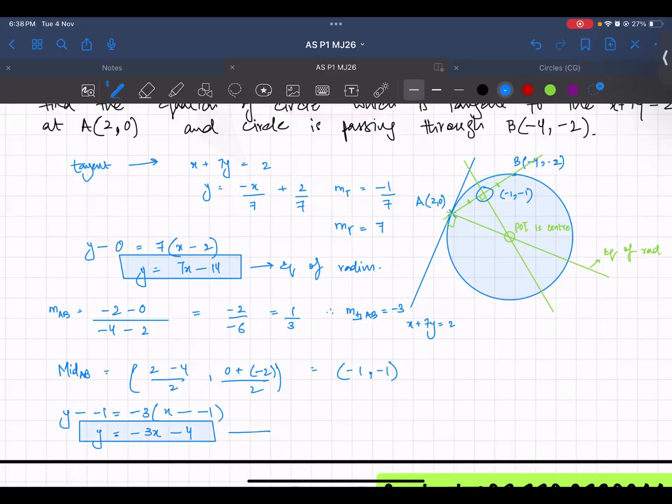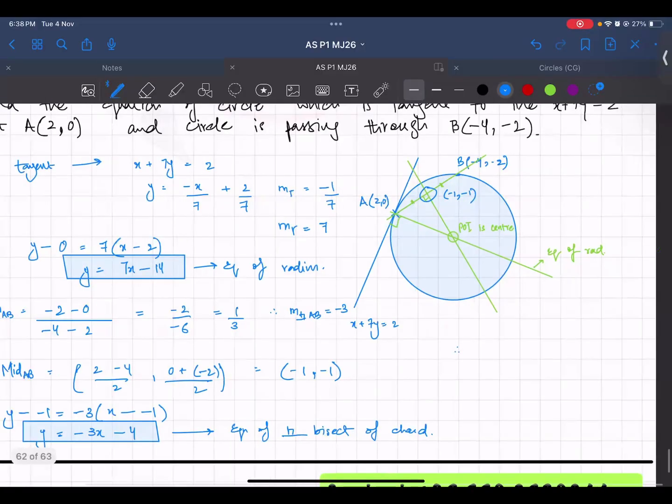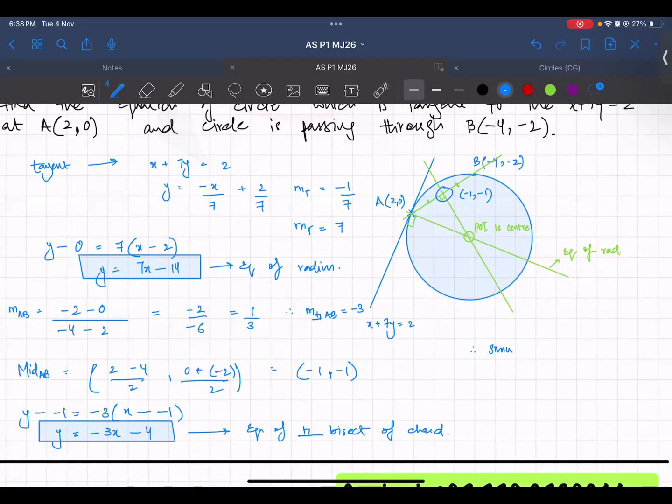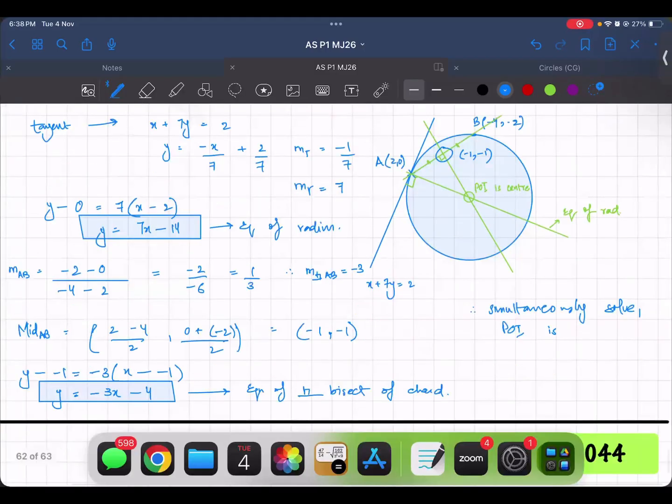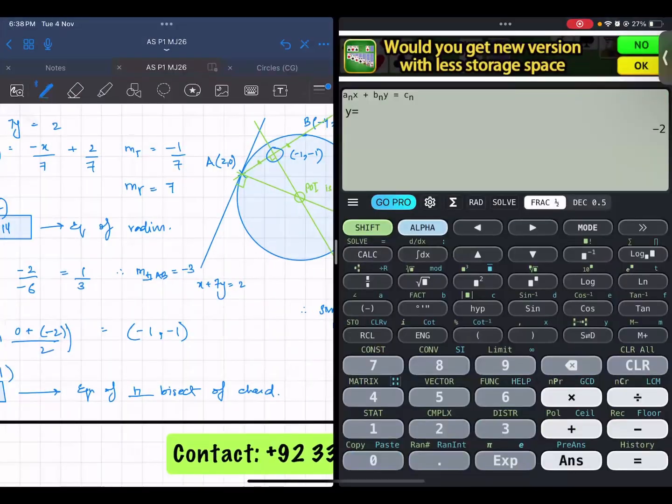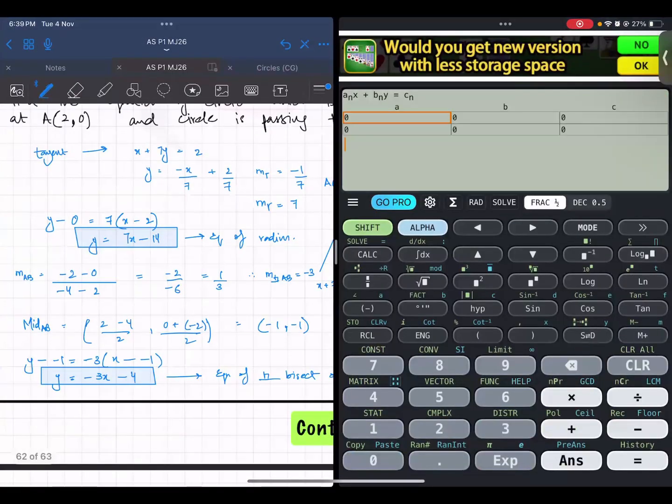And then you will solve them simultaneously. Therefore, simultaneously solving, the point of intersection is x equals 1, y equals minus 7.